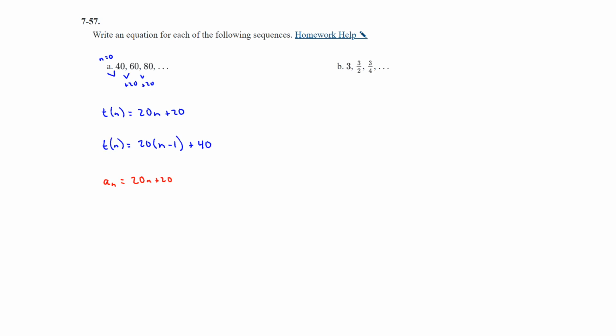Part B. So how do you get from 3 over 1, to 3 over 2, to 3 over 4? And you would be multiplying by 1/2 each time. And remember, you can work backwards to find that out. You can take 3/2 divided by 3, 3/4 divided by 3/2 to figure out what that multiplier is.